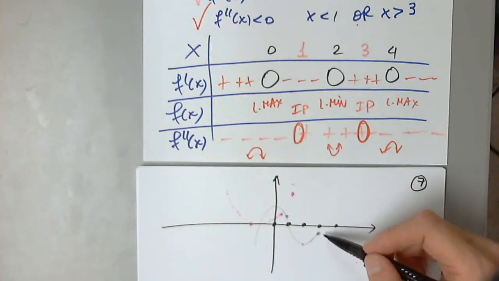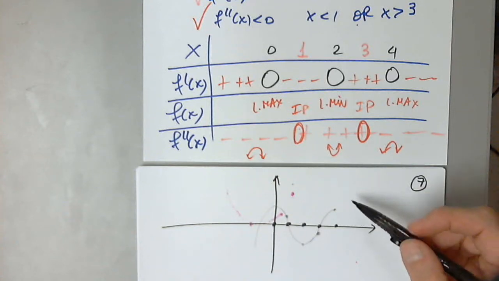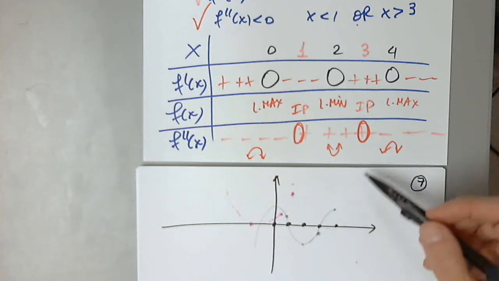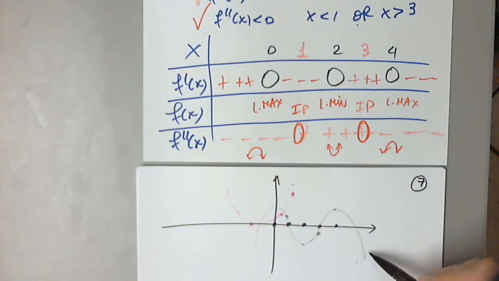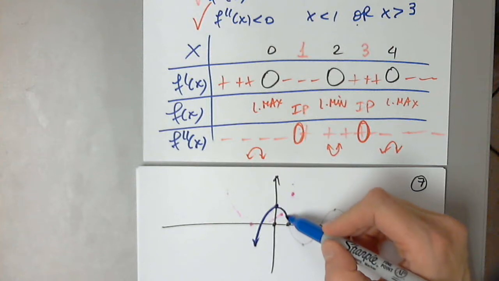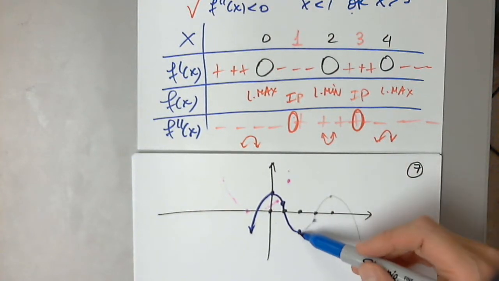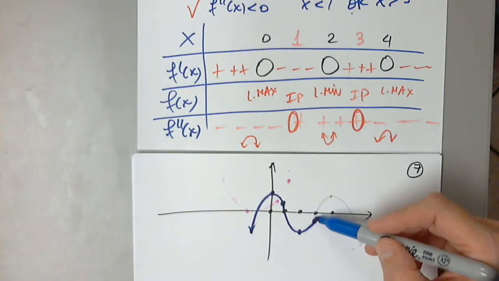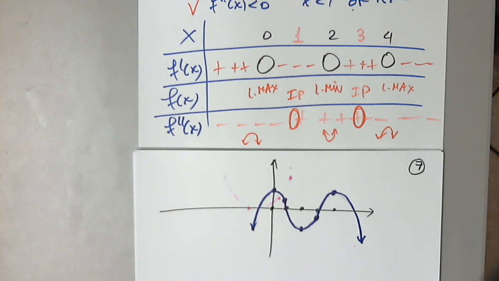It goes to a maximum, and then it changed concavity at 3. Yes, it did, and then it starts decreasing. So this is the function. Local max, concavity change, inflection point, local min, concavity change, inflection point, local max, coming down.